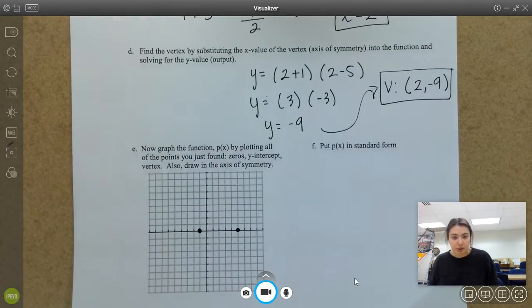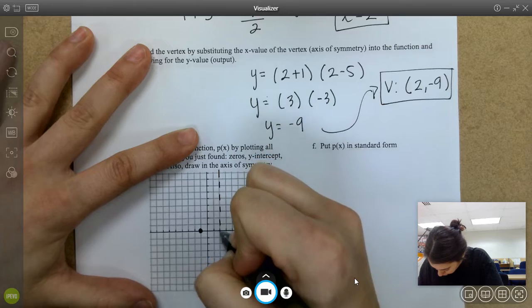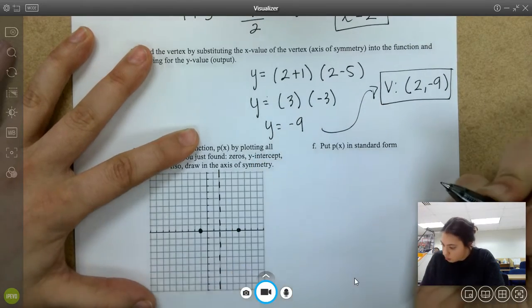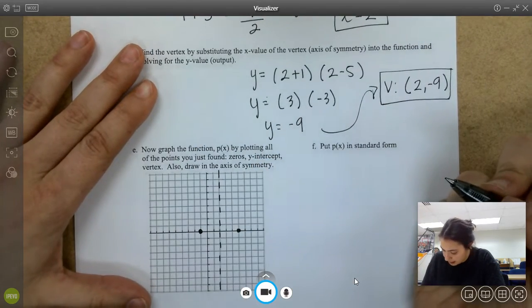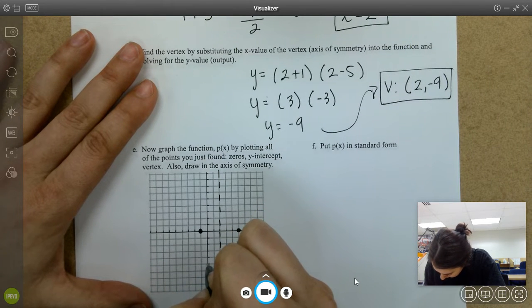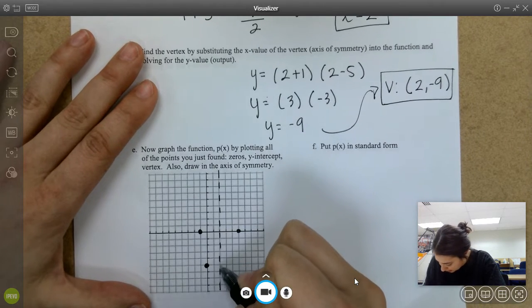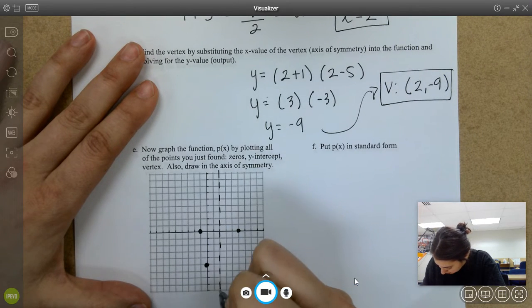Our axis of symmetry is the line where x is 2, so we draw that dashed line in. Our y-intercept is 0, negative 5. And our vertex is 2, negative 9: 6, 7, 8, 9.